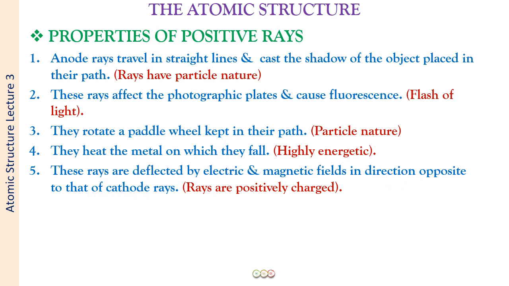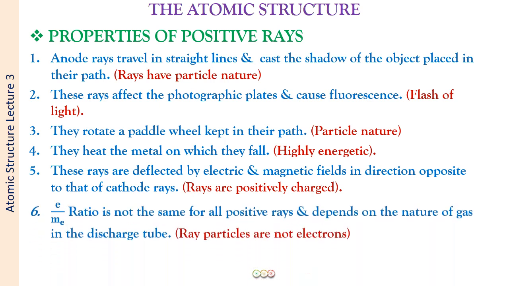Hence these rays were shown to be positively charged. And then the e/m ratio is not the same for all positive rays, and it depends upon the nature of the gas in the discharge tube, showing that these rays were not consisting of electrons but something else.